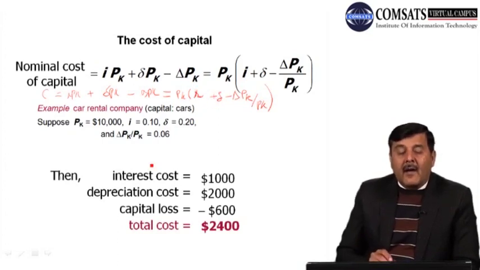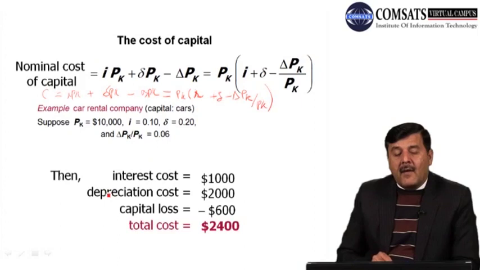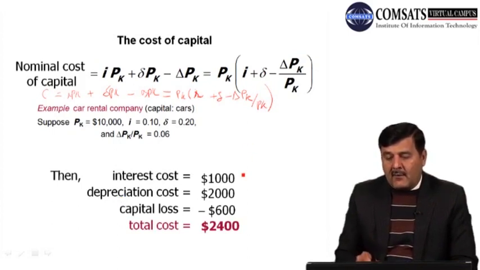Now suppose we take an example of a car rental company. If PK is $10,000, rate of interest is 0.10, depreciation is 0.20, delta PK over P is 0.06. Now interest cost here is how much? $1,000. How does it become $1,000?